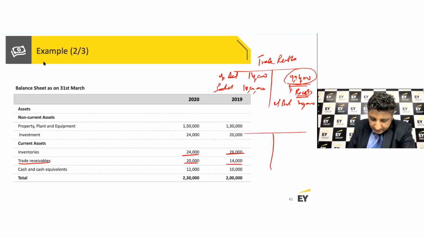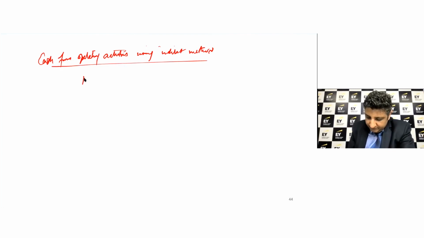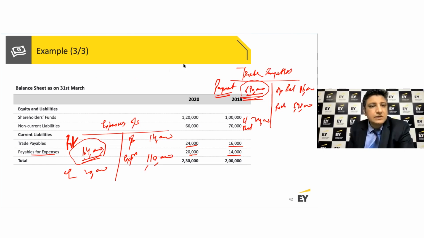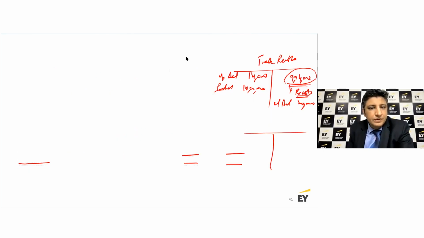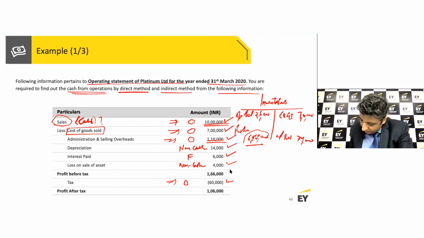We're saying cash from operating activities using indirect method, right? You're given profit before tax that amounts to 1,66,000, right? That's the number that we want to remember, right?